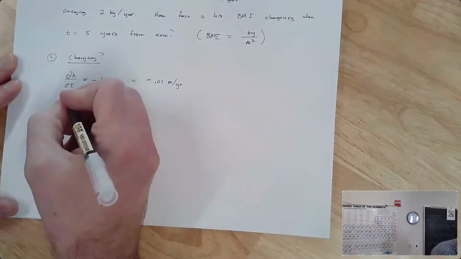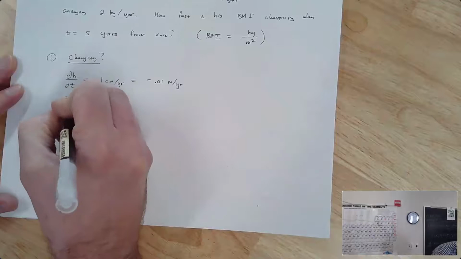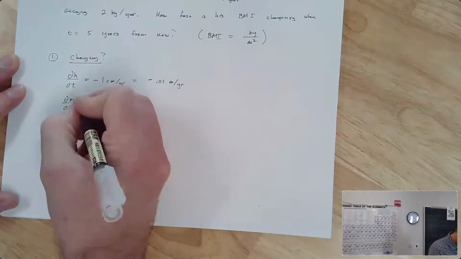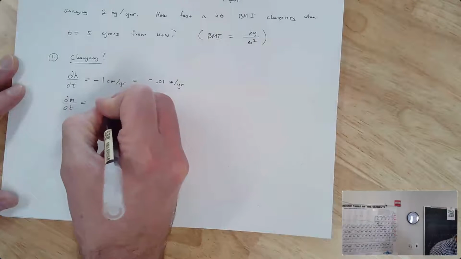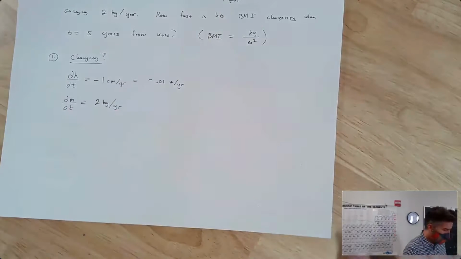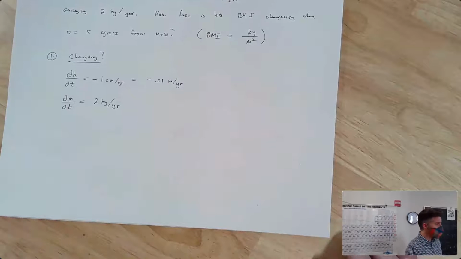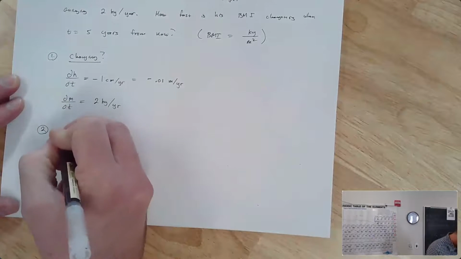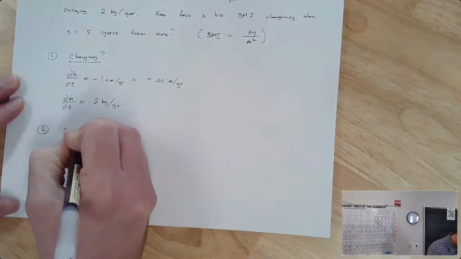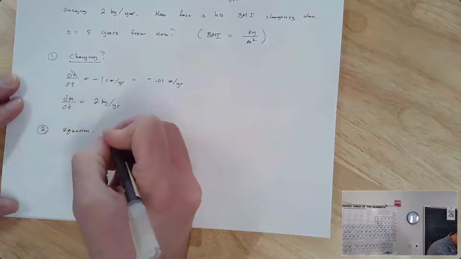All right, so anyway, the change in my mass as time goes on is going to be, let's see, I'm gaining 2 kilograms per year. All right, so now we want the equation relating the things. So the equation, they already gave it to us. The equation is going to be BMI.